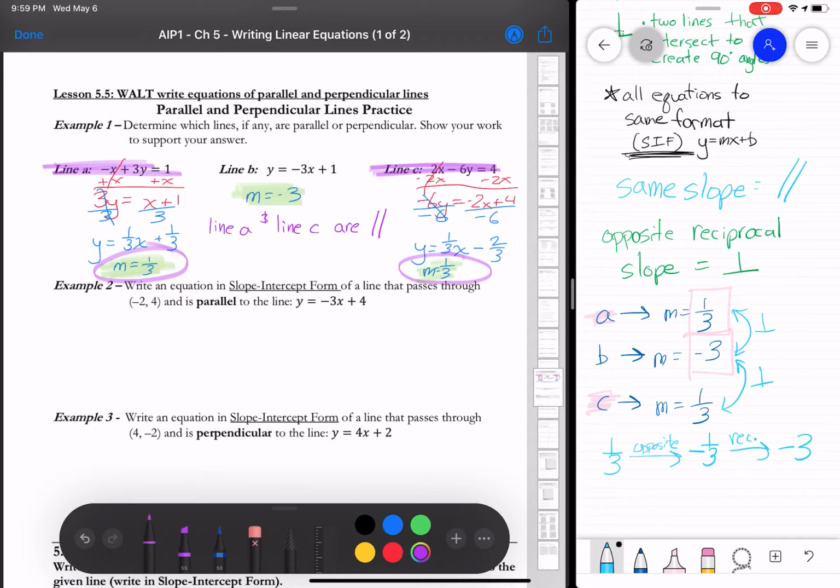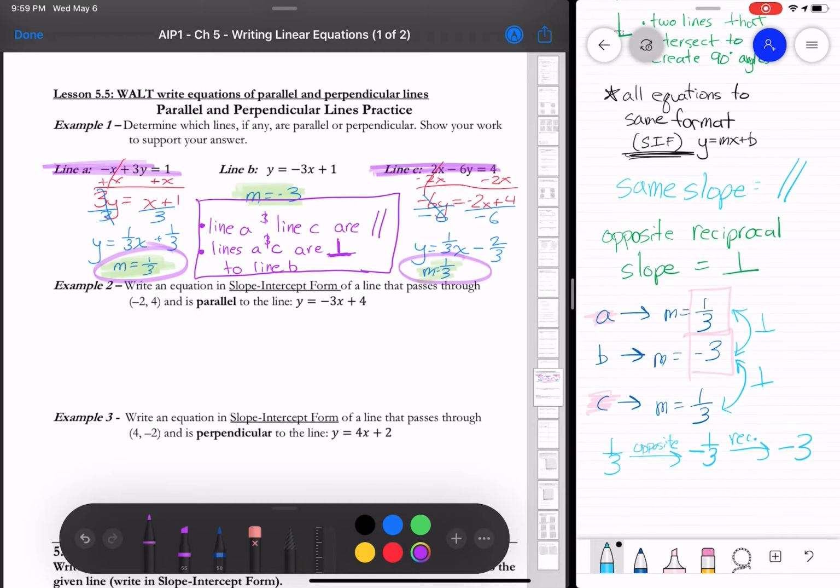So how you would write that in your final answer on page 33, it's line A and line C are parallel. Then you'd also write lines A and C are perpendicular to line B. You could also use a symbol, you could use abbreviations. And this would be your final answer, right?